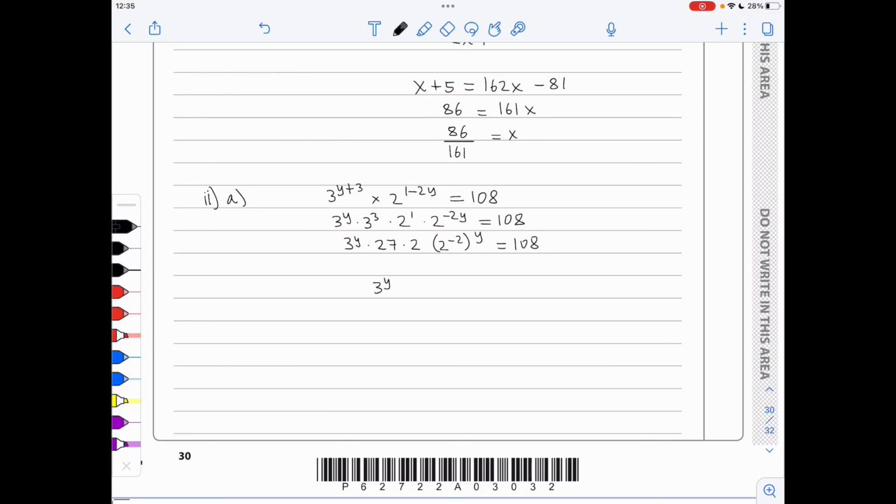So 3 to the y times 54 times a quarter to the y is 108. Now, 3 to the y times a quarter to the y, we've got a product to the same power, so I can multiply the bases together. It's 3/4 to the y is equal to 108 over 54, which is 2, and therefore we obtain that 0.75 to the y is 2 as required.